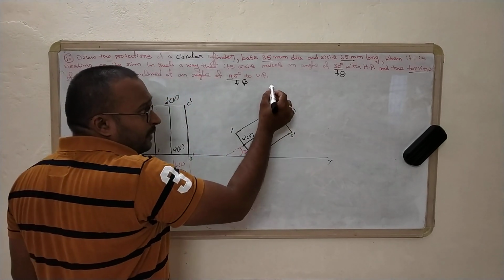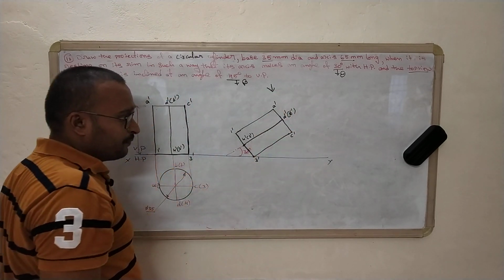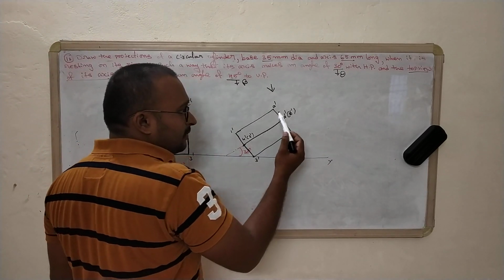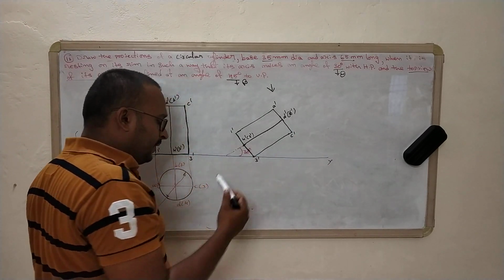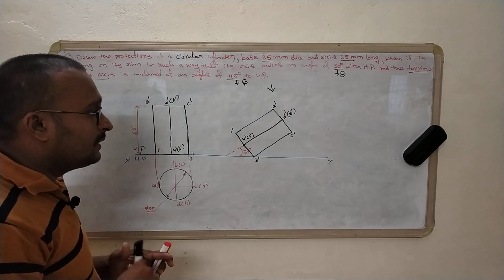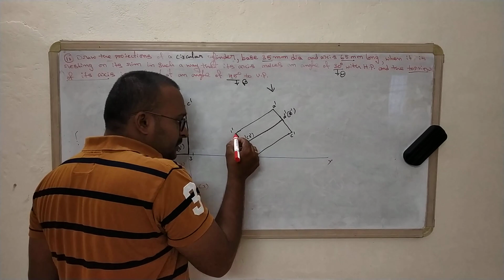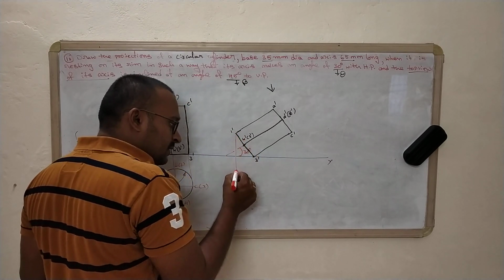Now whenever we are going to see from the top view, the ABCD surface will be completely visible, and the 1, 2, 3, 4 surface will be half visible and half invisible. Now we need to project all of them downwards.